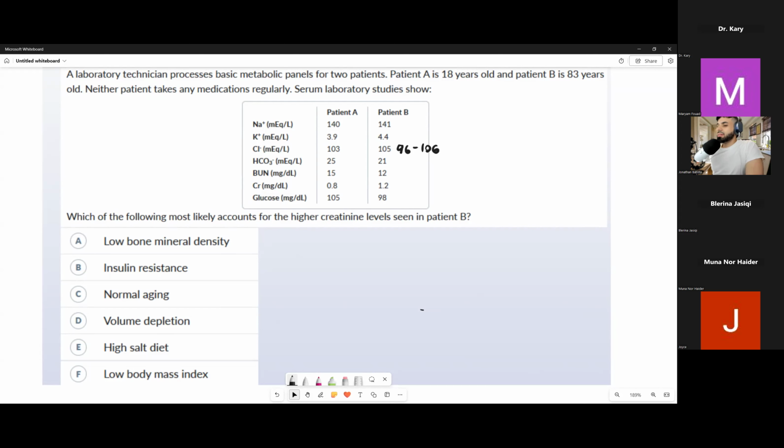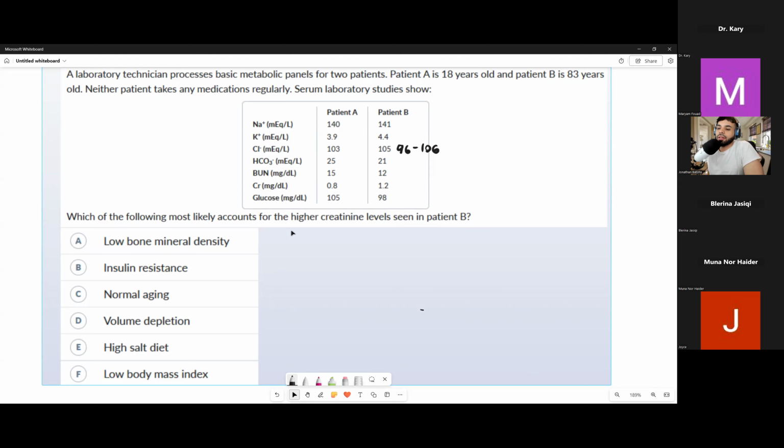That's okay. The problem with normal aging, yeah, you would be right, definitely. As we get older, you'll notice that the GFR starts to decline. It is just normal. We do have certain ranges of GFR in order to measure for chronic kidney disease, and in this sense, this is not considered any kind of pathological issue. It's completely normal.